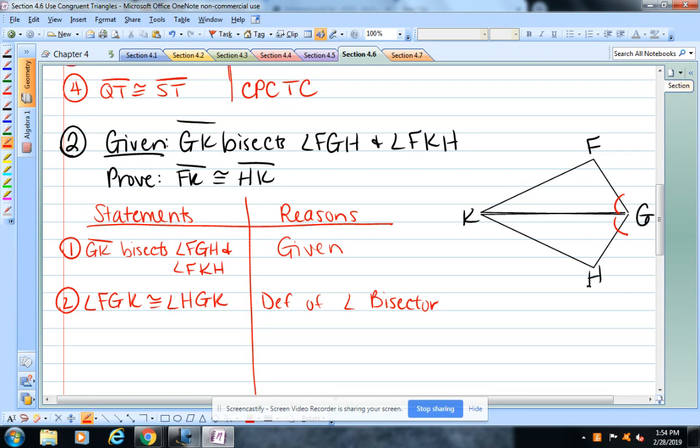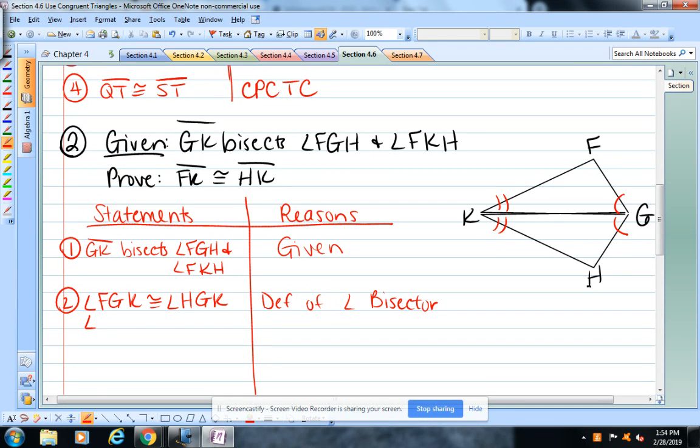Okay, so not only did it do it to this angle, it also did it to this angle, right? FKH. So angle K is also going to be split up. So this angle is going to be congruent to this angle down there. Y'all see that? Okay, so write that one down. If you want to put them on the same step, because it's technically the same reason, you can.